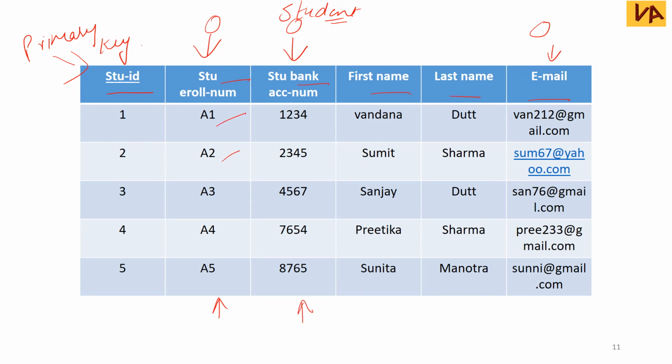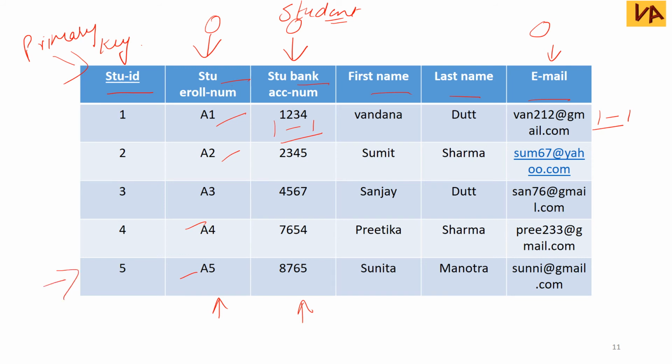In the student enrollment number also there is no duplication of data. As you can see, one student will have only one bank account number, and one person will have only one email ID.